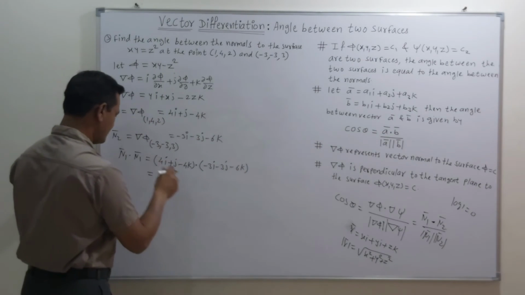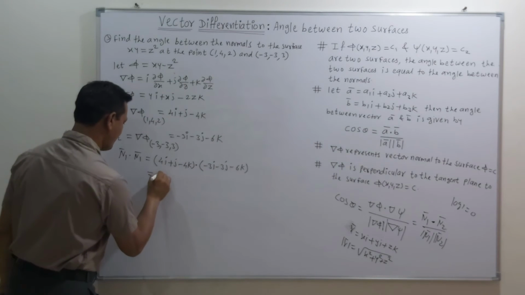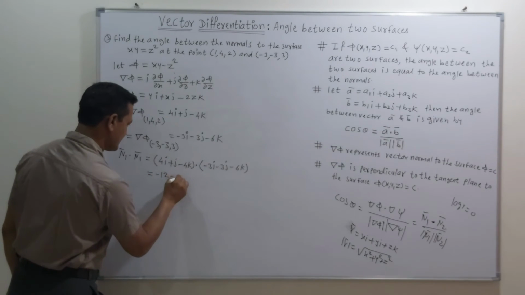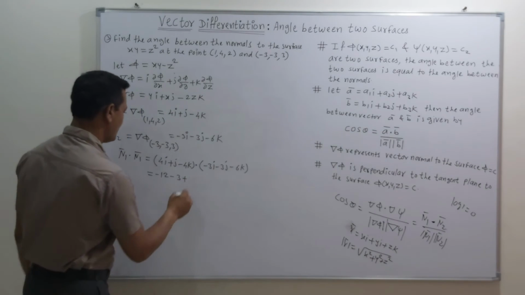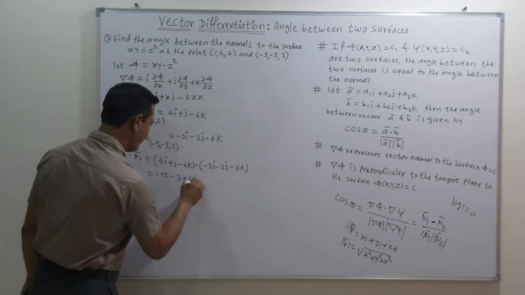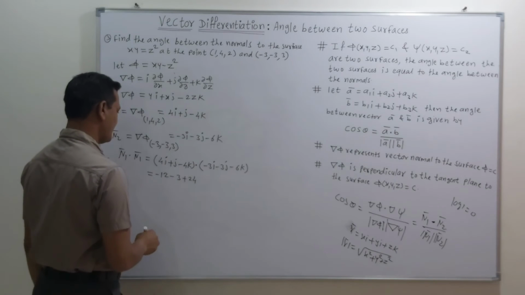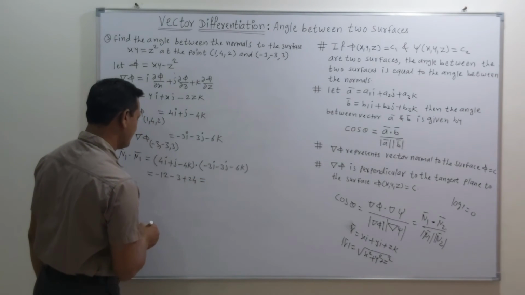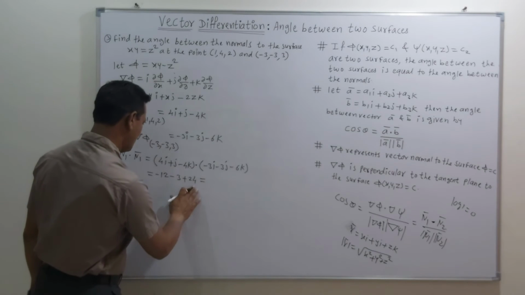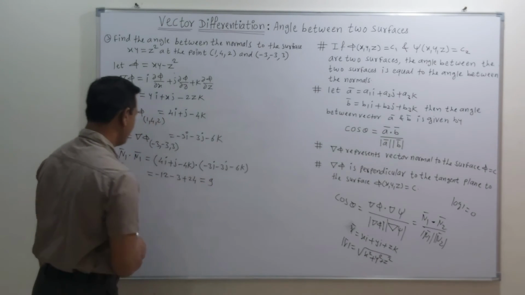So this dot product is 4 times minus 3 is minus 12, then this is minus 3, then this is plus 24. That means this is 12, so we get this as 9.